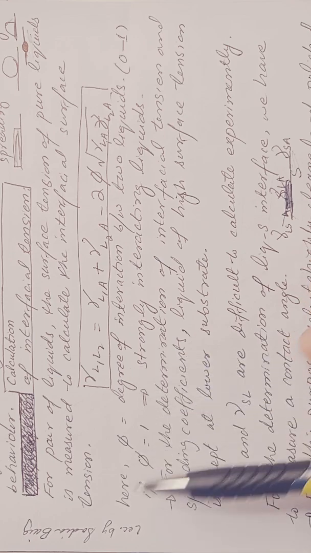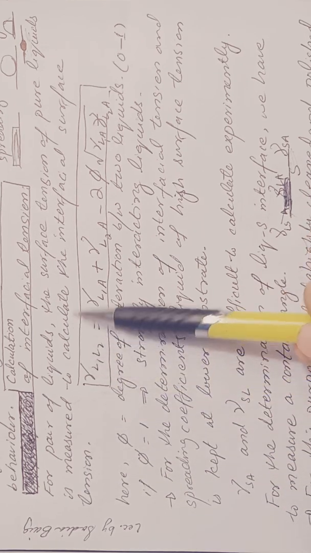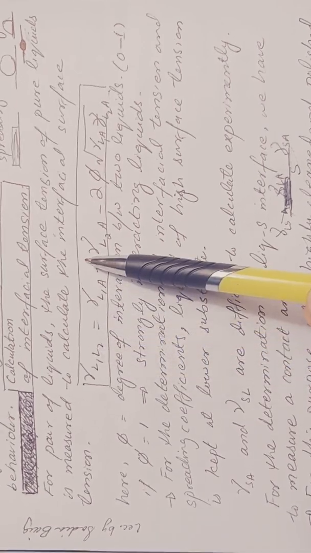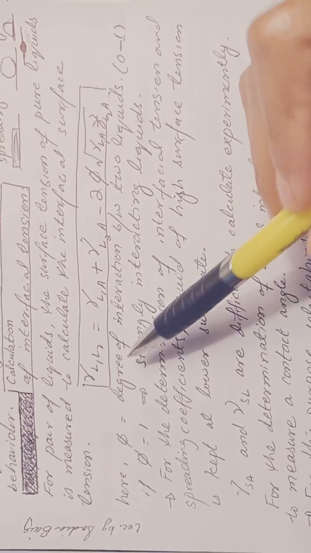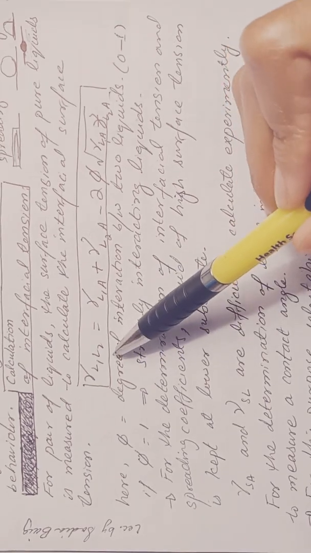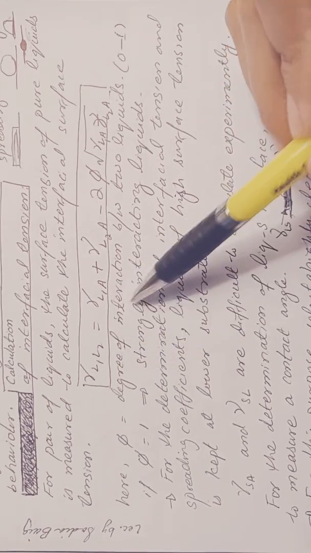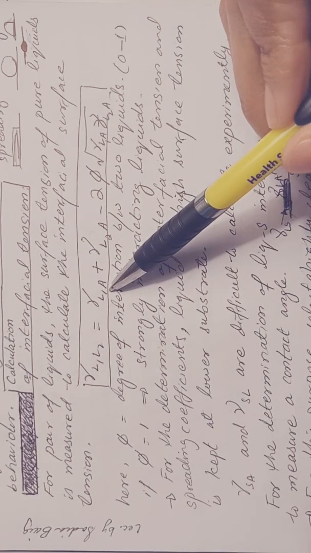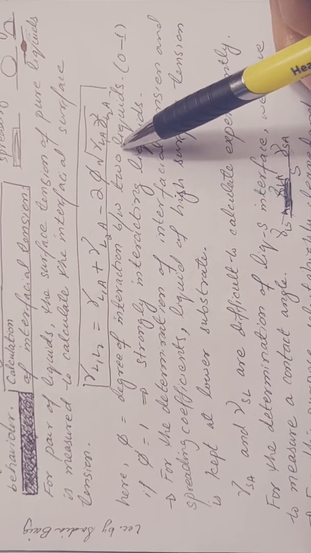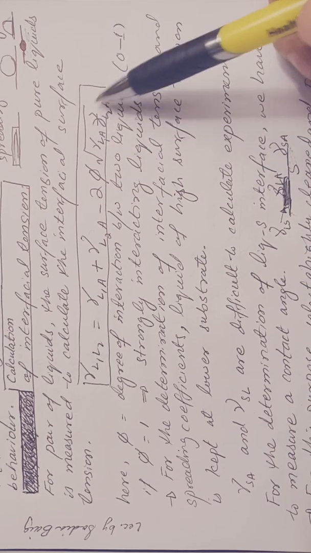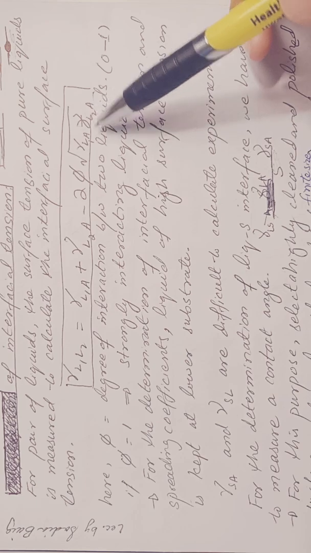For example, for a pair of liquids, the surface tension of the pure liquids is measured to calculate the interfacial tension. Here we have a formula in which interfacial tension is calculated using the surface tension of liquid 1 and the surface tension of liquid 2.